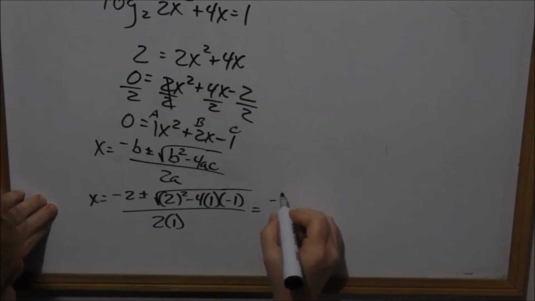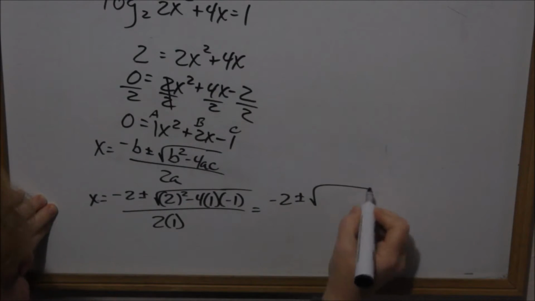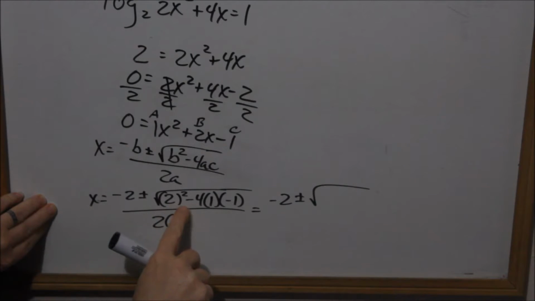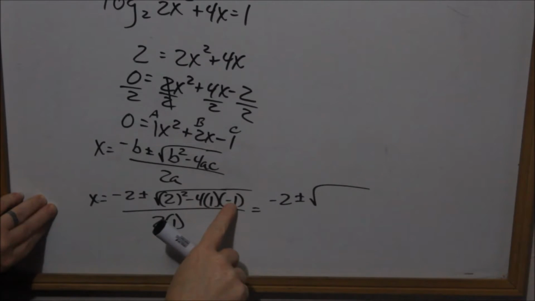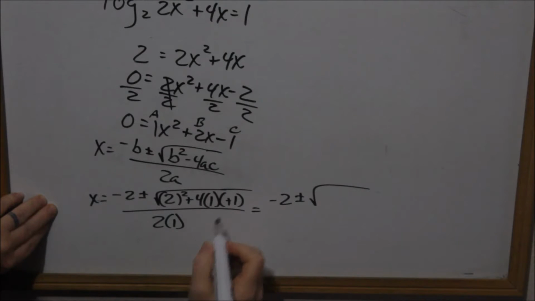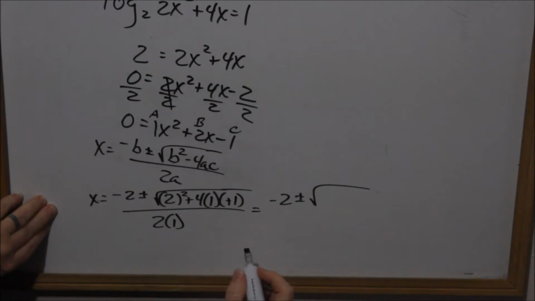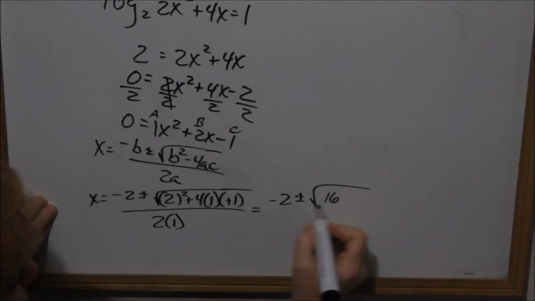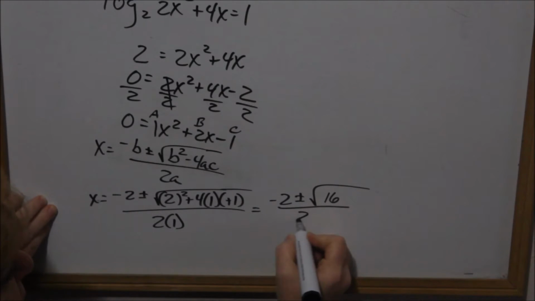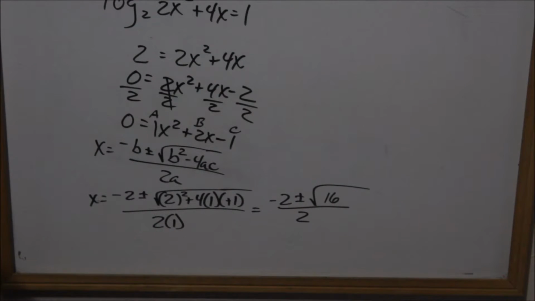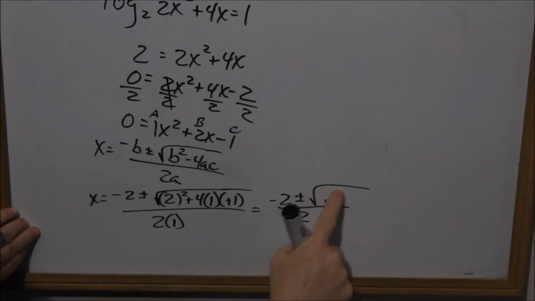This comes out to negative 2 plus or minus square root. That'd be 4, negative 4, so this becomes a plus. So that'd be 4 plus 4, which is... I'm sorry, 4 plus 4, that'd be 8.